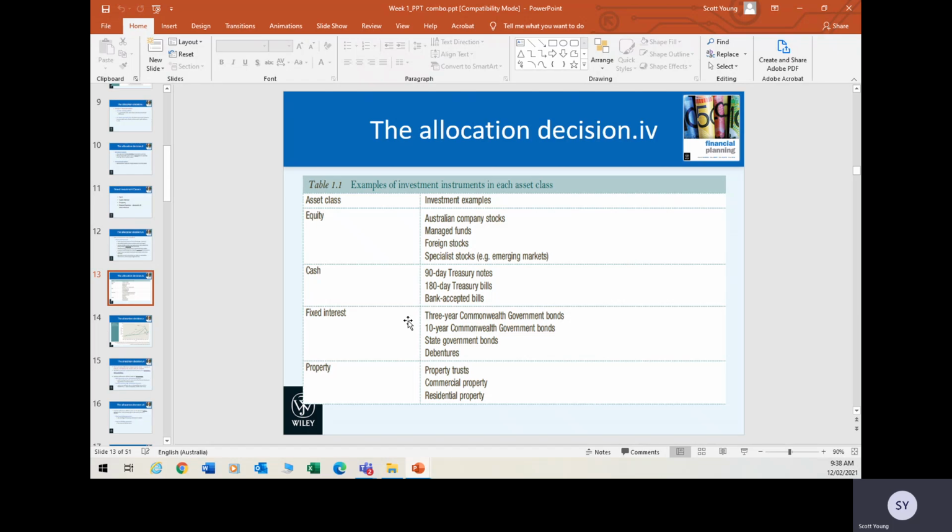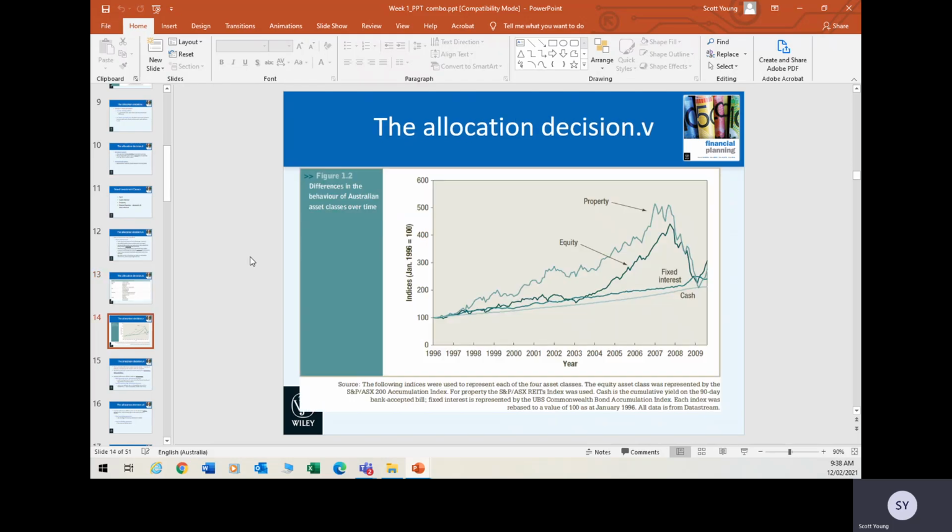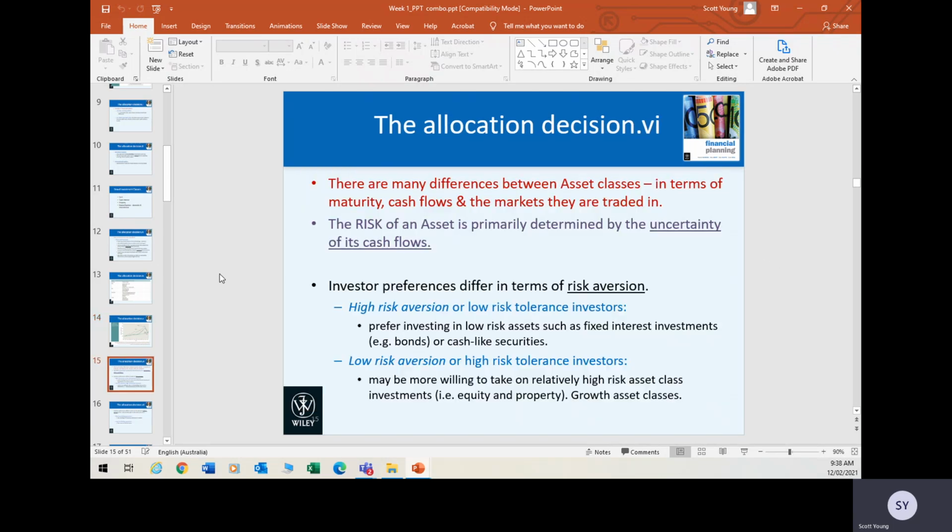And again, there are some examples of what particular products might be, investment examples in those asset classes. There's an example of some returns of those, 1996 to 09, which I'll discuss as we have a look. It's a bit old. You can see that crash there is kind of the start of the GFC, so certainly it's a bit old, but it's a good reference guide.